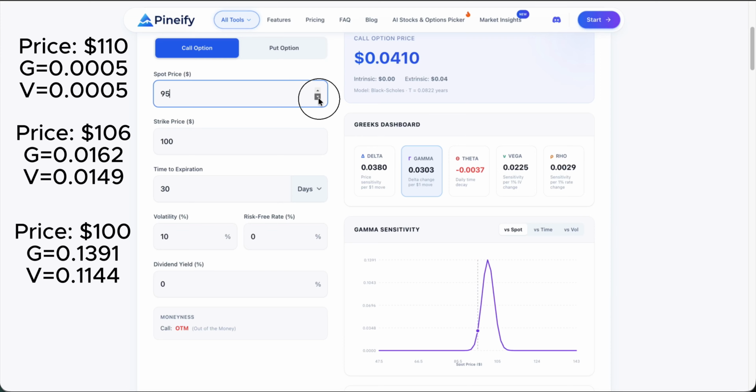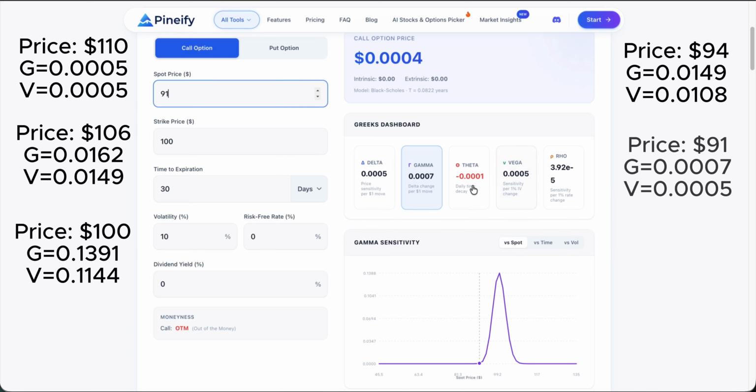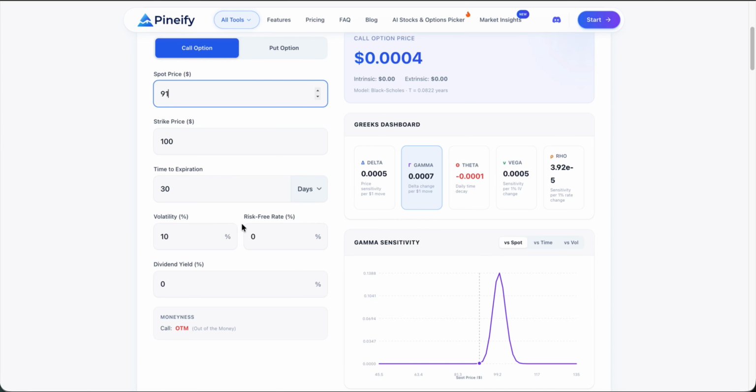They move pretty much in tandem: they came from a very low number to a relatively high number when they reach at the money, but now they are going back towards zero. As we move further out of the money towards 91, they are almost zero. And so let's now move to 20% volatility.